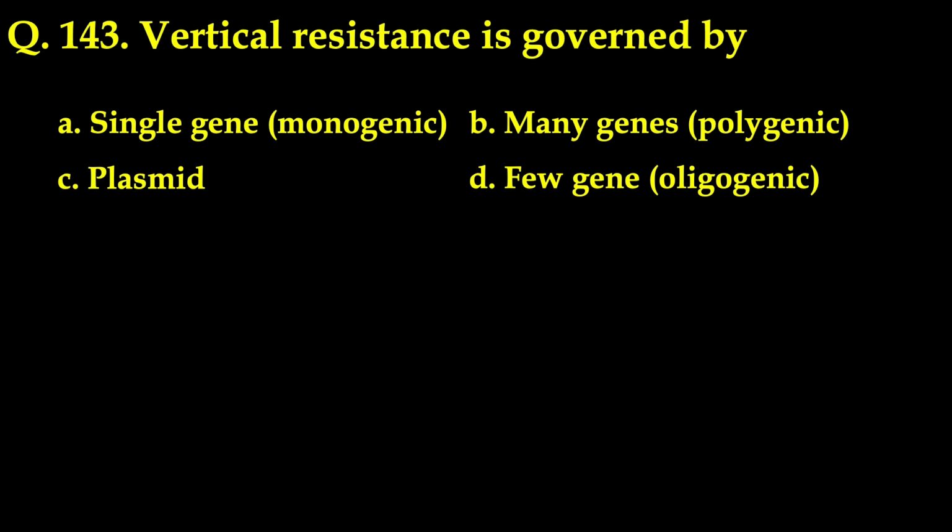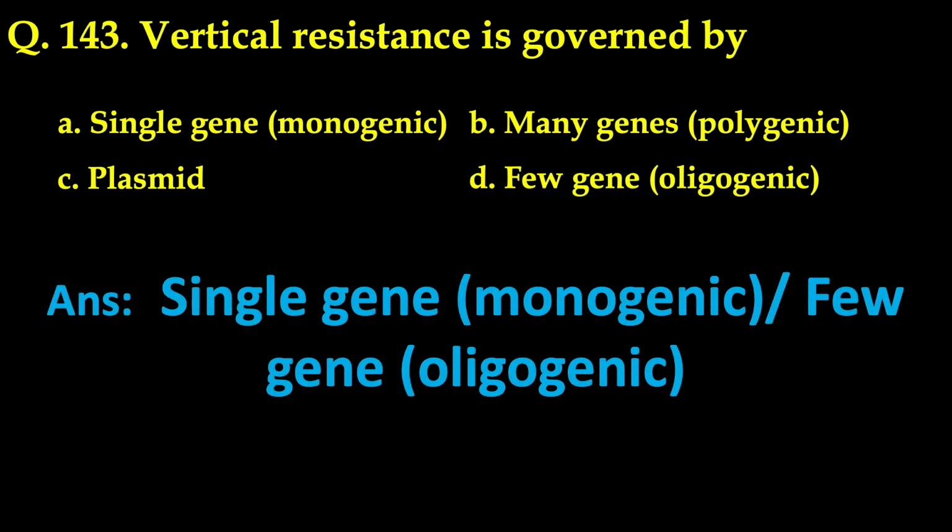Vertical resistance is governed by, out of these four options, the correct answer is mainly single gene, that is monogenic, and in a few cases it may be a few genes, the oligogenic. Related to other options like many genes, that is polygenic: a polygene is a member of a group of non-epistatic genes that interact additively to influence a phenotypic trait.